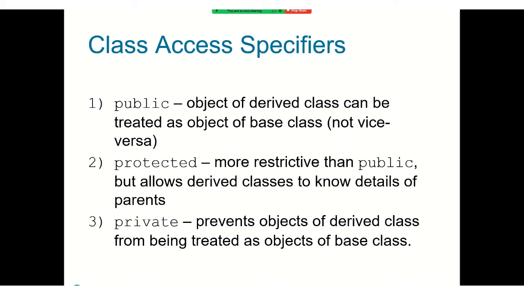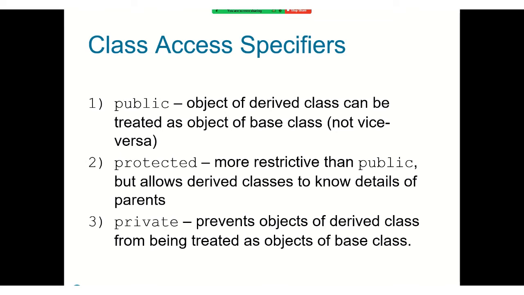Public is absolutely relaxed. There is no restriction to access that attribute. Protected attributes are more restrictive than public, but allow derived classes or child classes to know details of the parents. A child class can access the protected member variable of the parent class. And then private variables prevent objects of a derived class from being treated as objects of the base class.